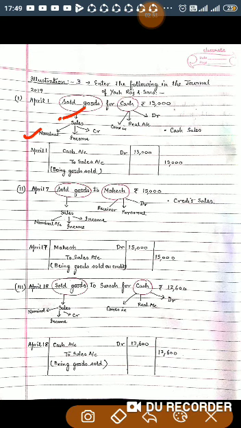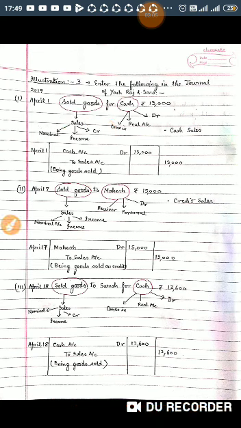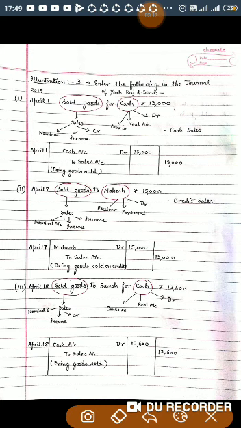Sales is a nominal account and it is an income for the business. The rule of nominal account is debit all expenses and credit all income, so the sales account should be credited.